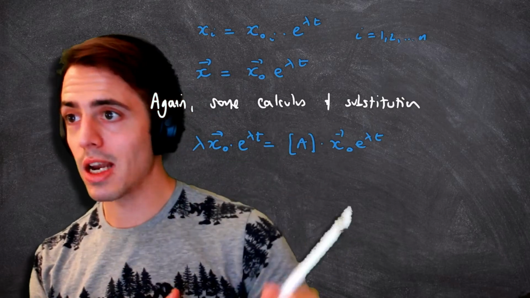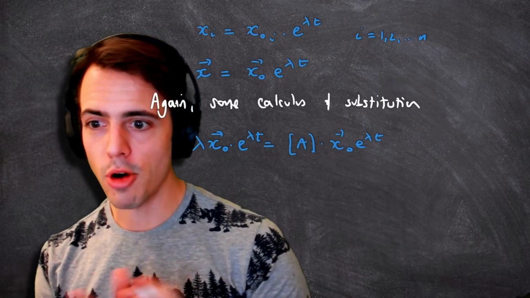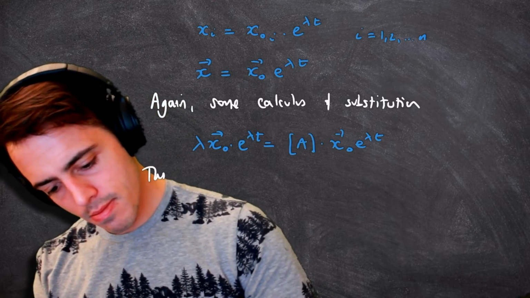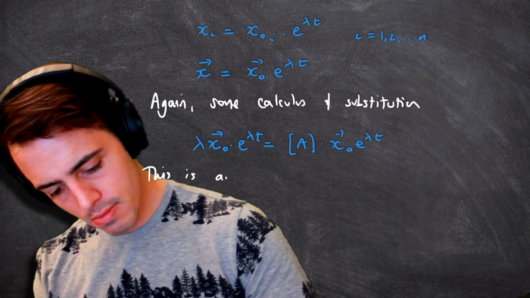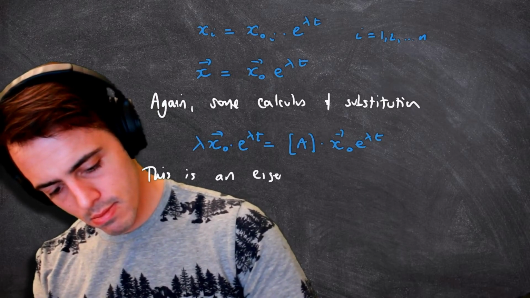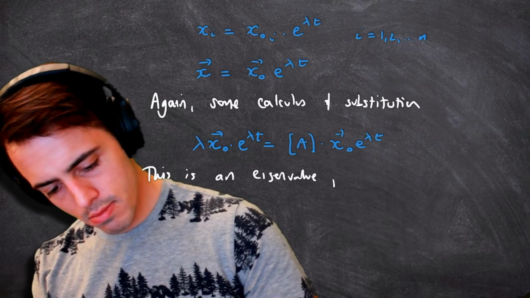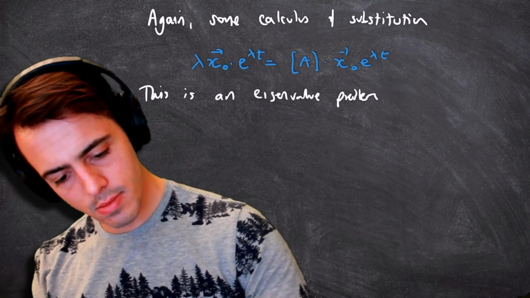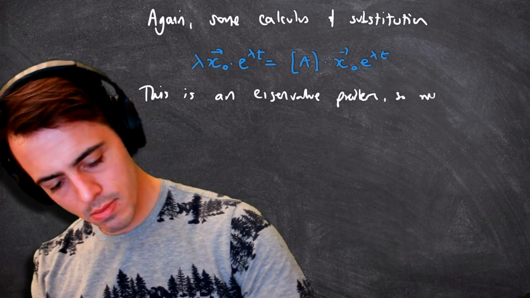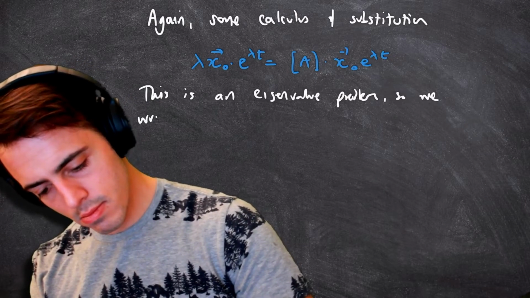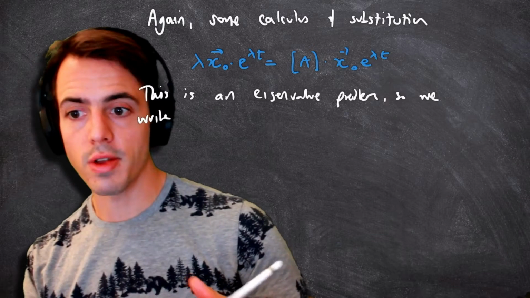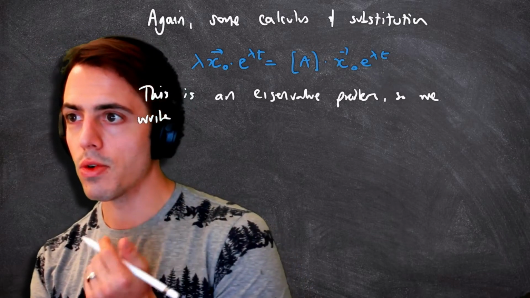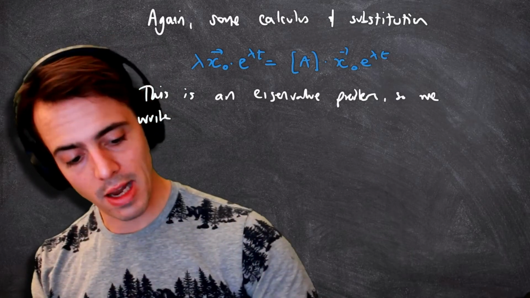So we've got an eigenvalue problem. It's a matrix vector problem effectively. It's going to help us solve it if we turn this into an eigenvalue problem.